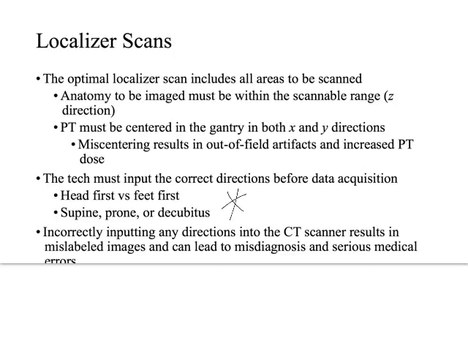Because incorrectly inputting that information, that person's direction, can result in mislabeled images. And you didn't just mislabel one image in CT, you mislabeled 1,000 images, right? So that one simple rotation of the little cartoon man could wind up mislabeling a lot. And the more stuff you've mislabeled, the more substantial a lawsuit would be against your butt, right?